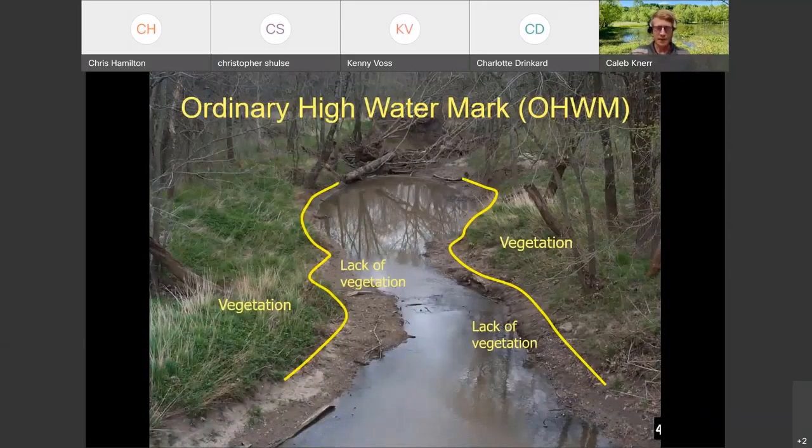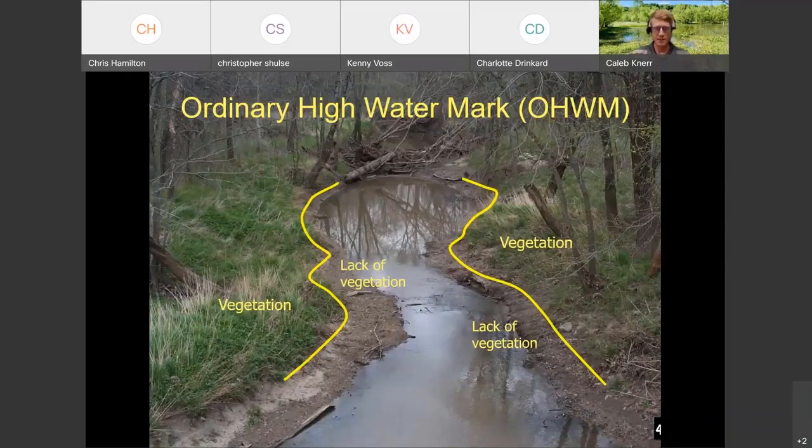Under the Navigable Waters Protection Rule, the streams include perennial and intermittent rivers and streams that contribute surface water flow to traditional navigable waters in a typical year. Tributaries must be perennial or intermittent, and as of August 30th, the District of Arizona U.S. Court issued a stay, essentially, of the Navigable Waters Protection Rule.